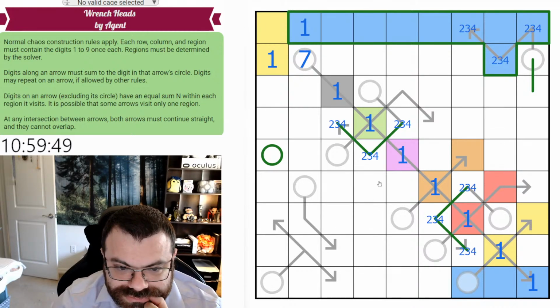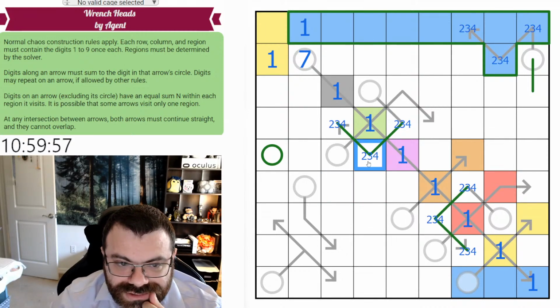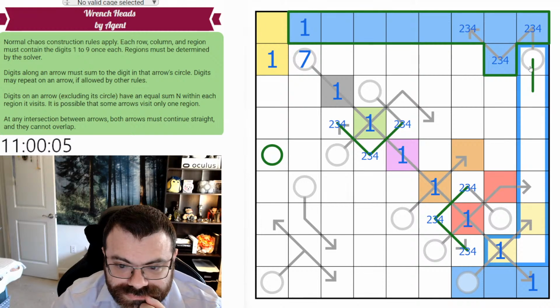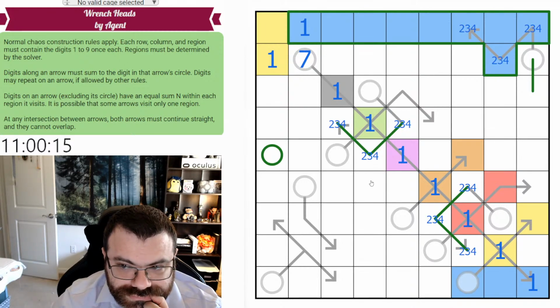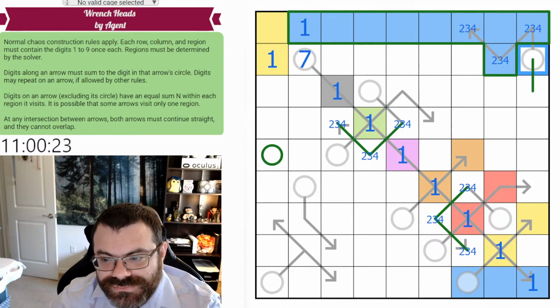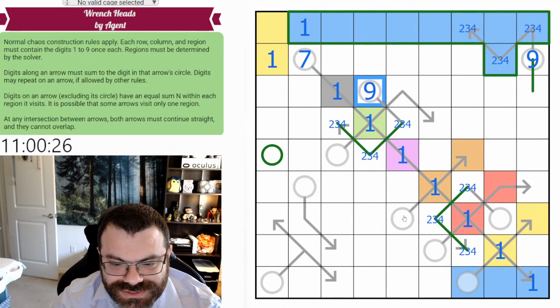Let's see here. Do I want to ask who takes this cell now? I think there's a bit more freedom. Oh right, we can fill 9s into these ones.